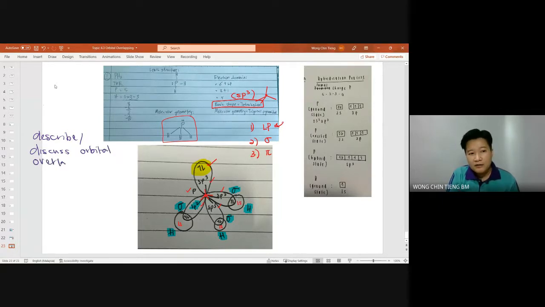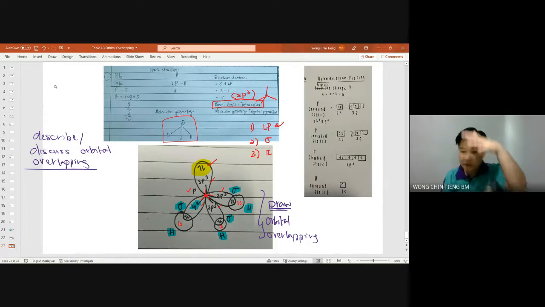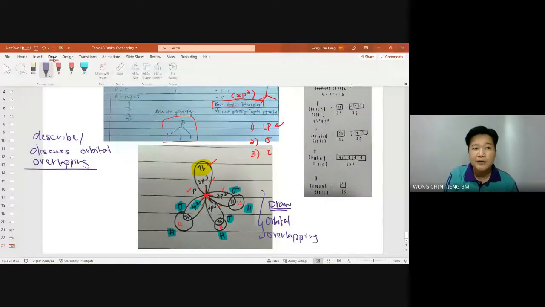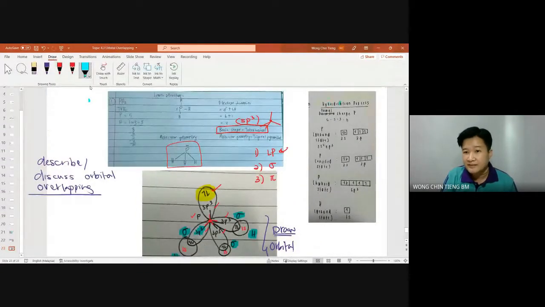Before you forget, just a kind reminder, benda ni kita panggil orbital overlapping. Betul? Tapi kalau kita hanya lukis adalah apabila soalan tanya draw orbital overlapping. Kita lukis benda ni lah. Semua ni. And a kind reminder over here, this thing kita panggil hybridization process.